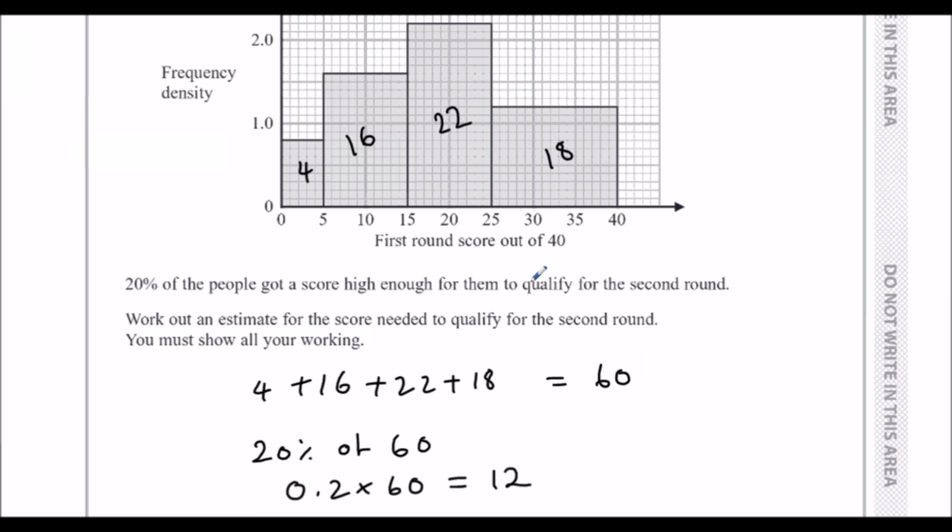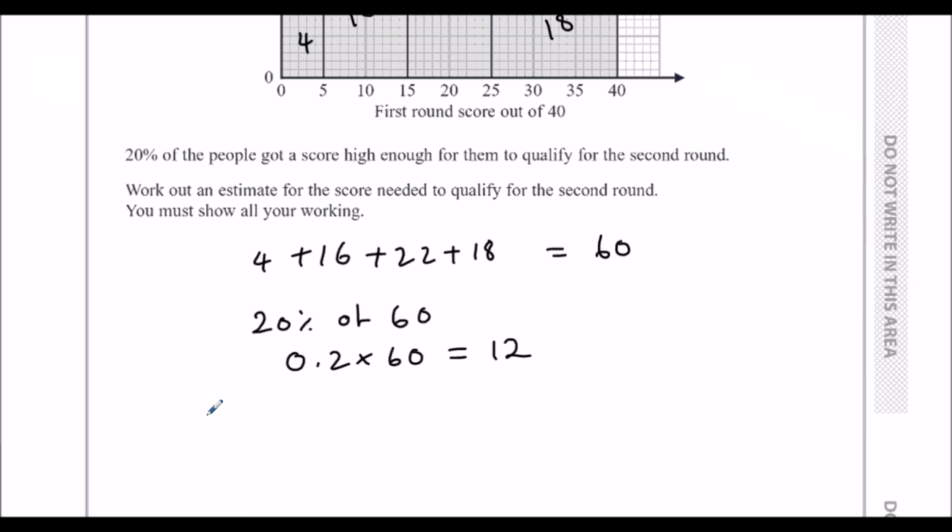So 12 people. So where are 12 people on here? How can I find the highest scoring 12 people? So it must be in this last group. And if we split it evenly, 12 is 2/3 of 18.